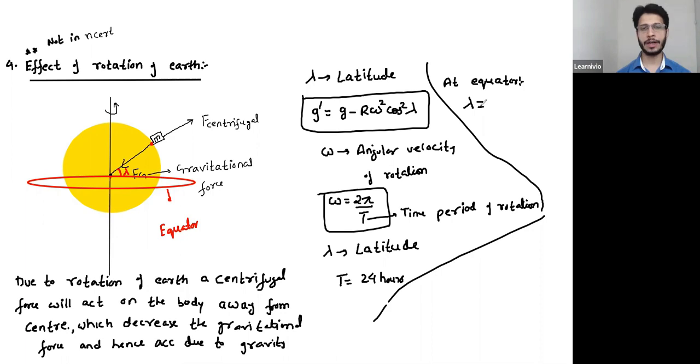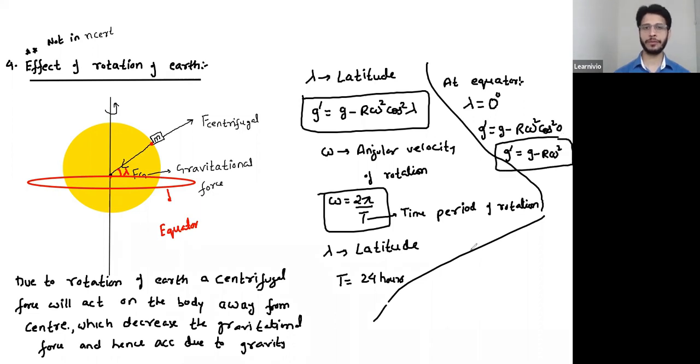What's the latitude of equator? For equator, latitude is 0 degrees. So instead of lambda, you can substitute 0. So your g prime will be g minus R omega square cos square 0. Cos 0 is 1. So g prime is g minus R omega square.